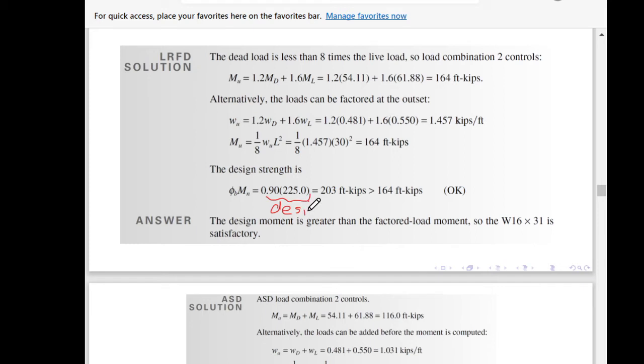The applied moment should not exceed the design strength. This value is the limit.